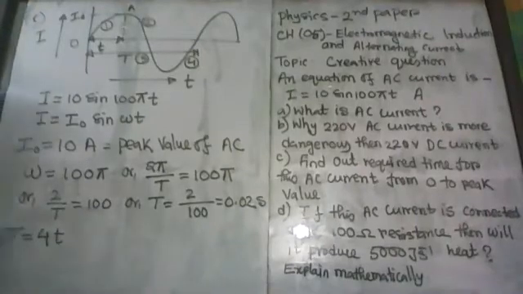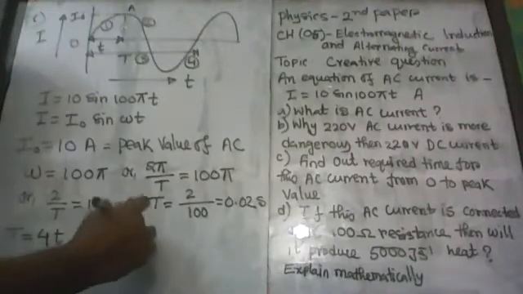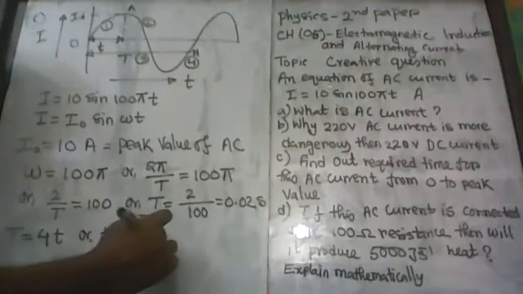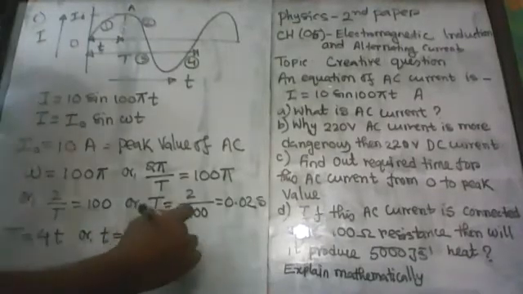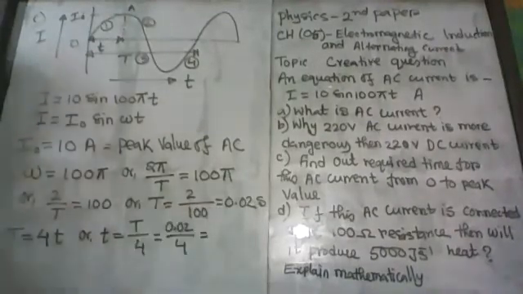Now, what is the value of small t? Small t equals capital T divided by 4, which is 0.02 divided by 4.